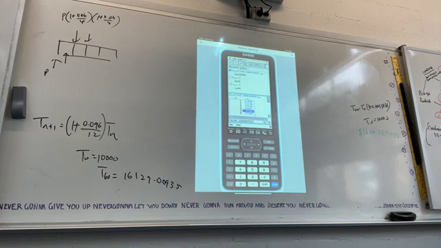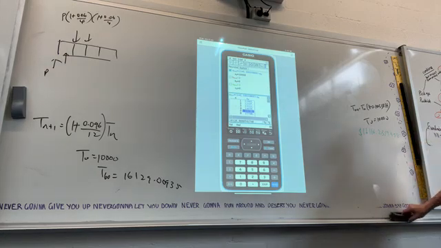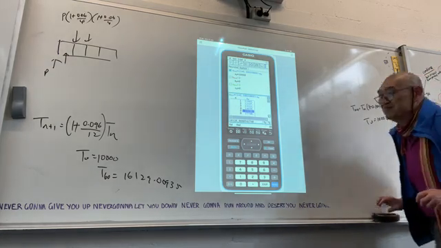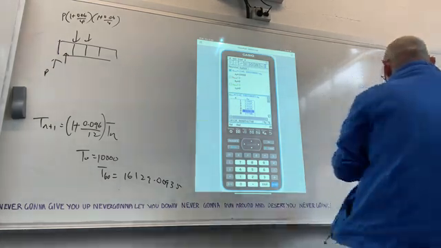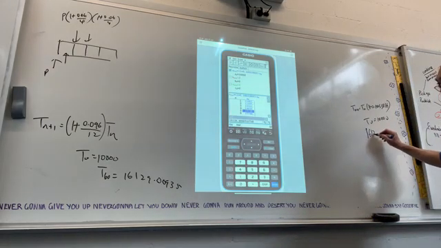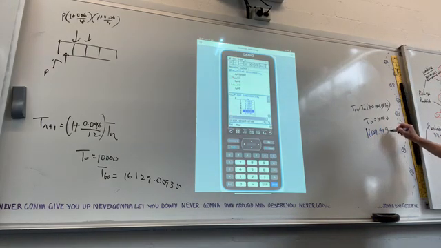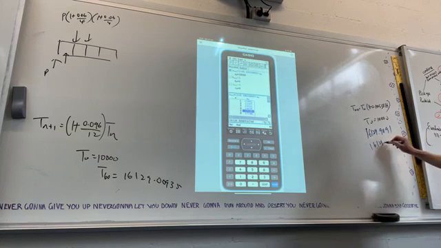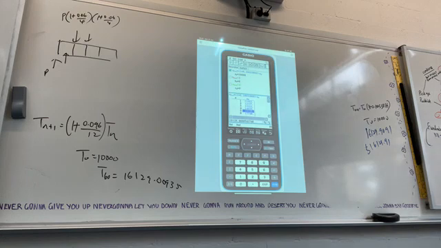No, I've got something wrong because the 8 shouldn't be there. Alright, that's better. So it's 16129.909. My fault, I typed an extra 8. So it is the same, 16129.9091, which is 16129.91. Alright, so the effective interest rate actually gives you the same thing.